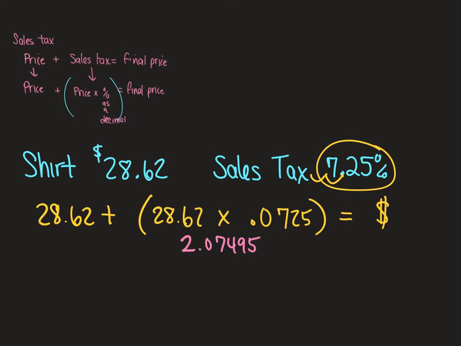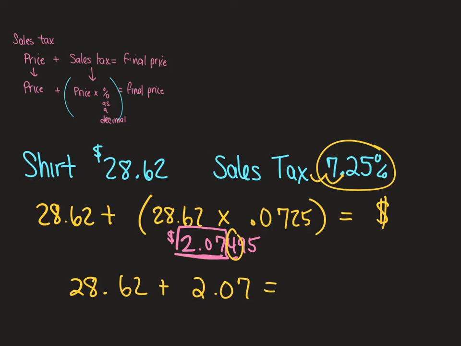When I multiply, I get 2.07495, but this is a money number, so I need to round it to money. So I only want this amount, but look at the neighbor. Does this neighbor change the 7? No, it does not. So my next line of work is going to say 2862 plus 207, and that will equal my final price, which is $30.69.